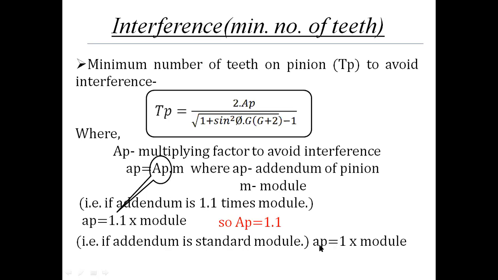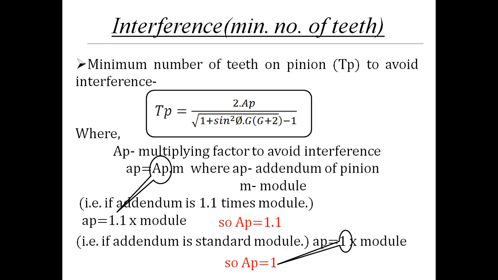Comparing these two equations, a_P is equal to 1 into module, and this a_P, addendum of pinion, is equal to multiplying factor into module. So in this problem statement, the value of capital A_P will become 1. If the addendum is standard module, the value of capital A_P is 1, and if the problem statement says the addendum is 1.1 times module, capital A_P will become 1.1. Is that clear?